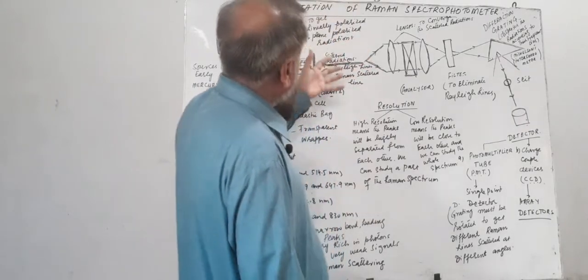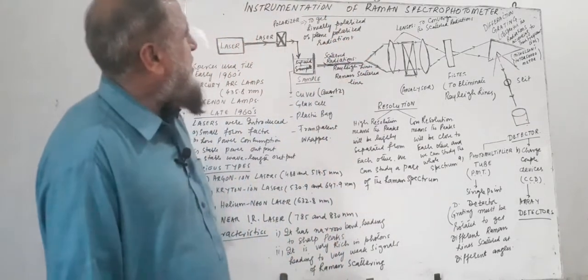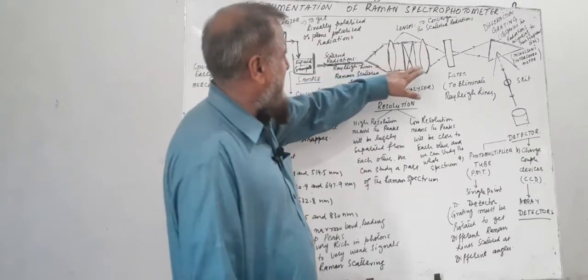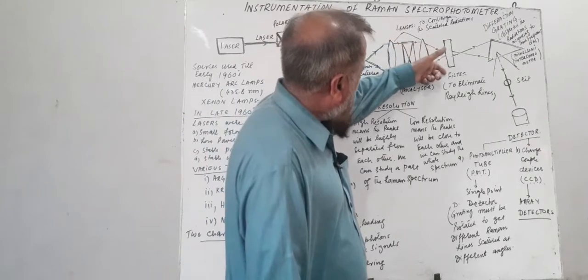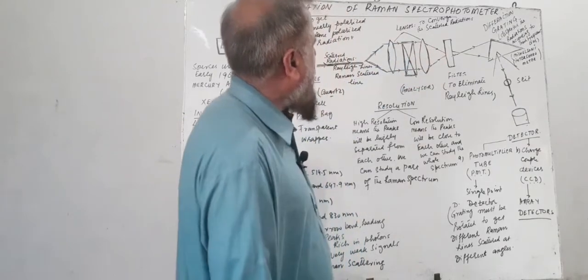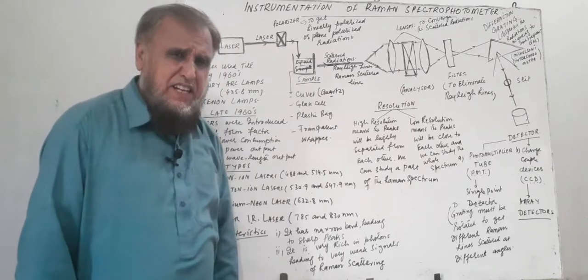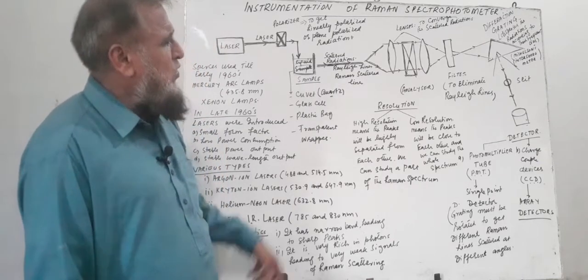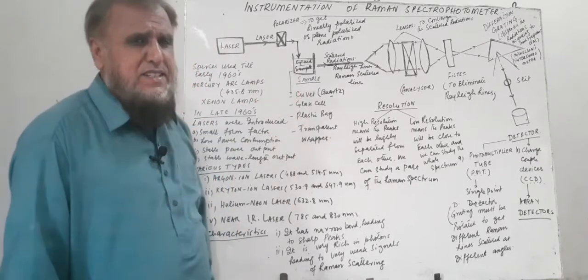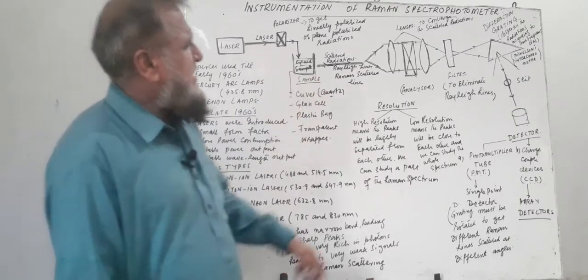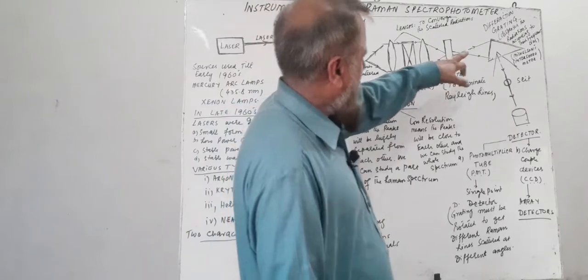The scattered radiations which have been converged by the two lenses are focused on a filter. The function of this filter is that it will eliminate the Rayleigh lines and only allow the Raman scattered radiations to pass through the filter and strike the diffraction grating.